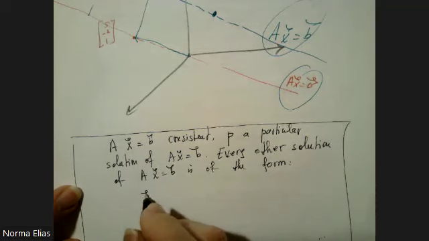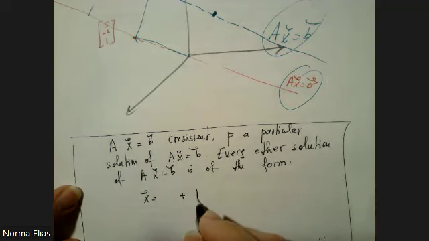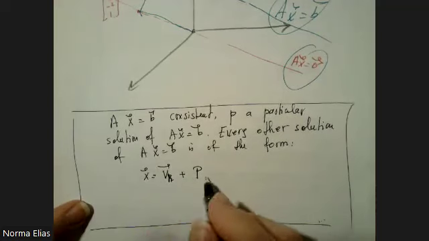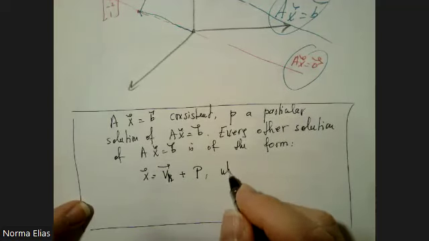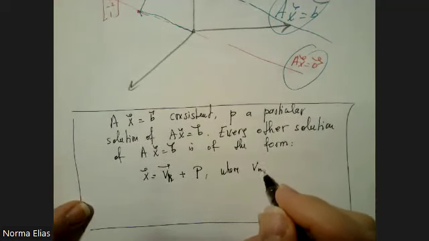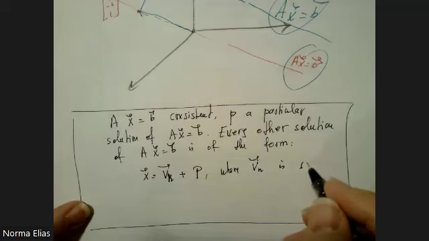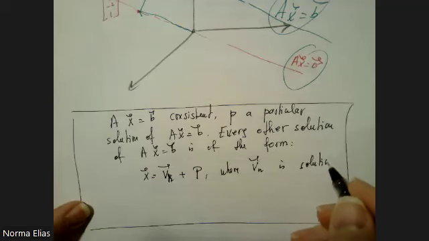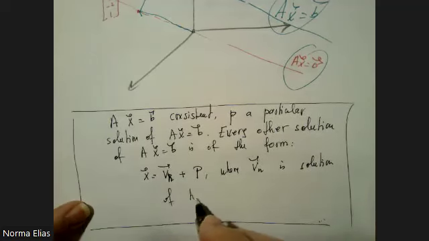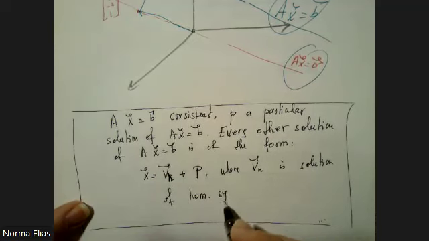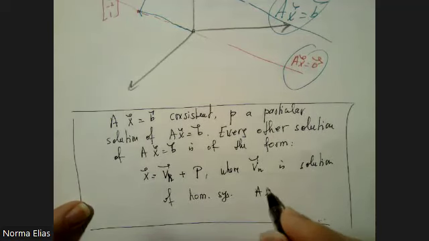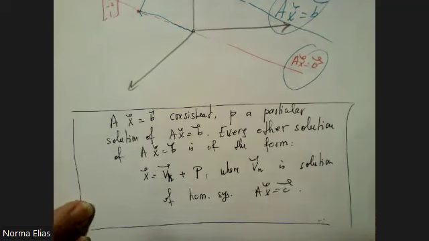Every other solution is the particular solution p plus another solution of the homogeneous system. So it could be written vh plus p, where vh is a solution of the homogeneous system Ax equal to 0.